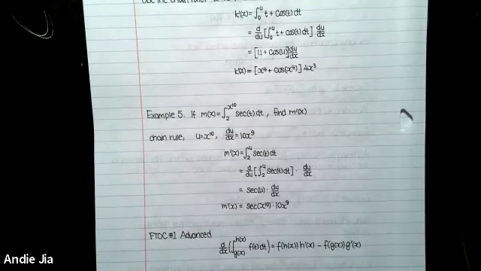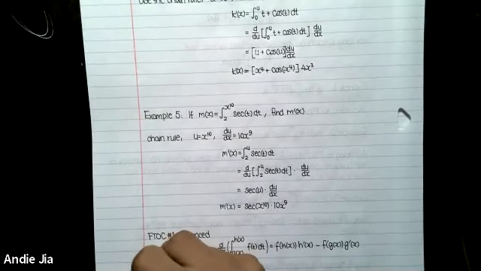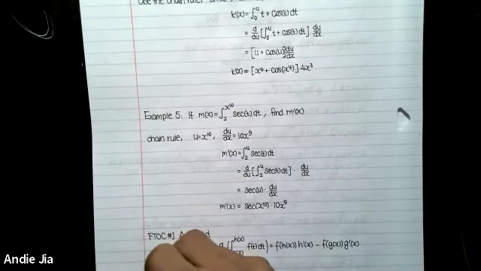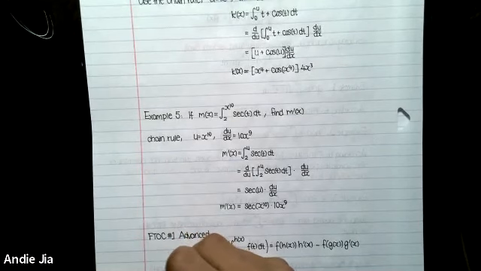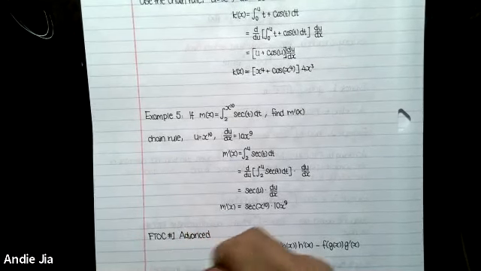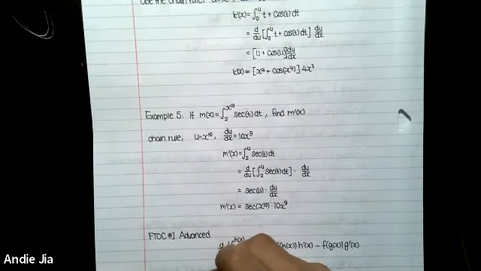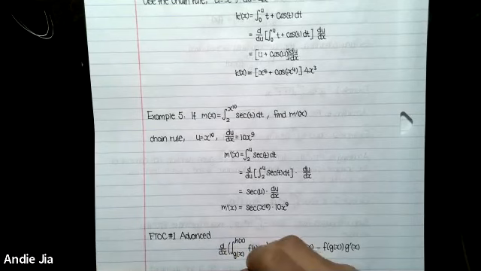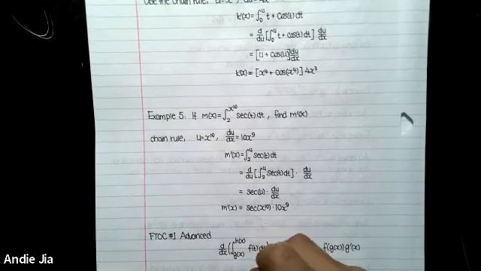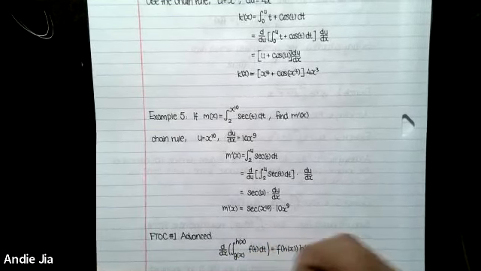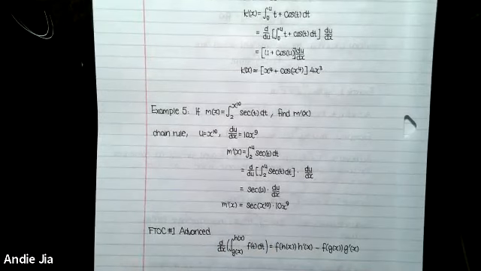Then we use the chain rule and separate. So this is applied to both terms when the limits of the integral are polynomials or functions.